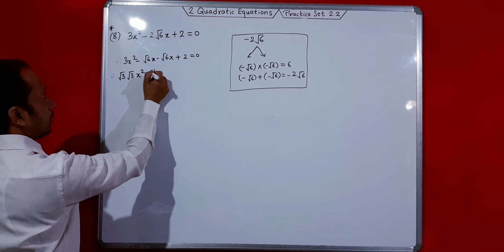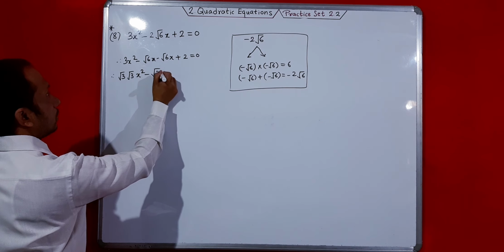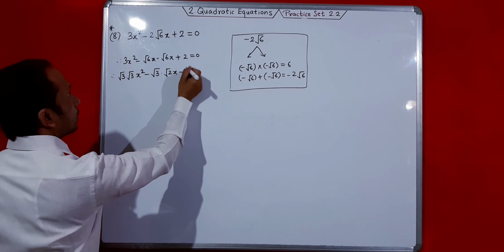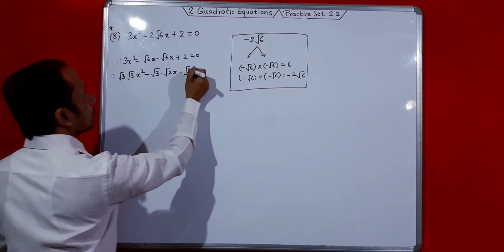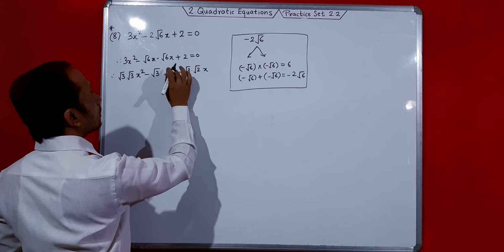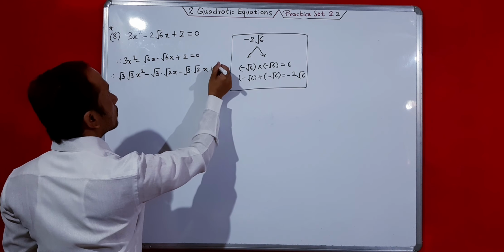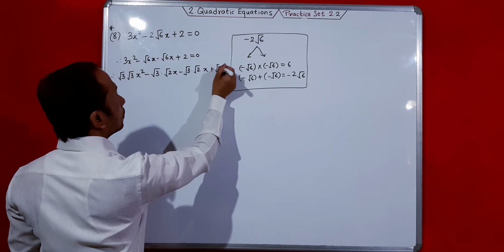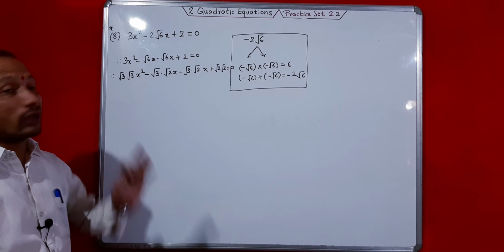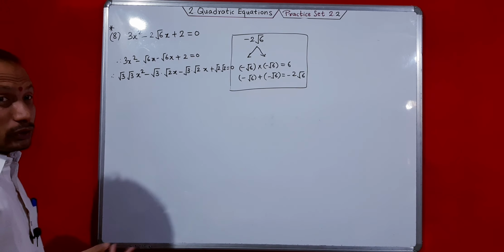Minus, I can write this root 3 into root 2x, minus root 3 into root 2 and x, plus root 2 is equal to 0. If I write all the factors in the form of roots, it will be easy to understand for you.